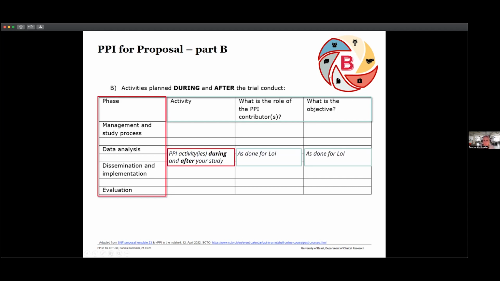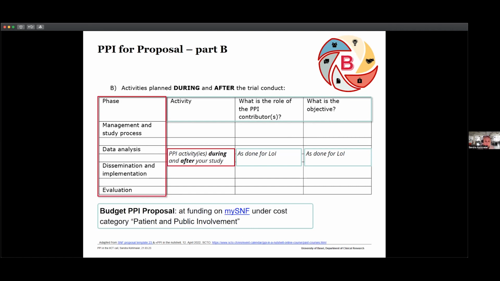The columns here, what's the role and what's the objective, you might recognize. It's the same as in the letter of intent. So please describe the same as you have done already, but of course for the new activities.